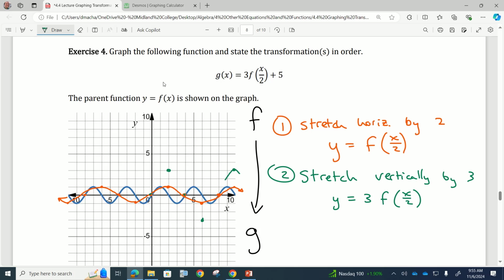So it'll look like this. The green curve is going to be the same as the orange curve, but now every point is 3 times as far away from the x-axis. What's the last thing I have to do to finish this problem?